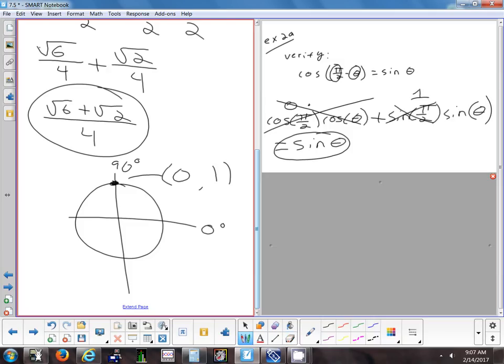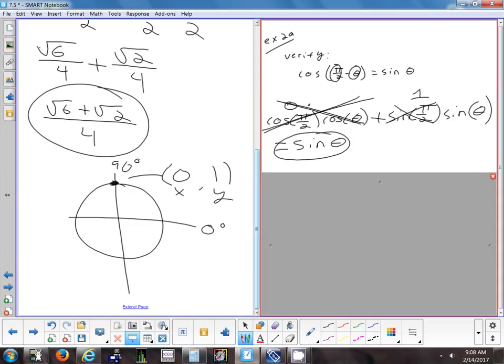So if you're doing it on a unit circle, the coordinate is 0, 1. And what's the definition of cosine? It's which letter in that coordinate? Cosine is the x. Well, it better be, right? Because we're at 0. So the x value is 0. That's why the cosine of 90 is 0, because it's the x value of that coordinate. And that just cancels out this part. I get how it cancels out, but isn't this cosine theta too, it cancels that out too? Yeah, because 0 times anything is 0. Doesn't matter what you have there.